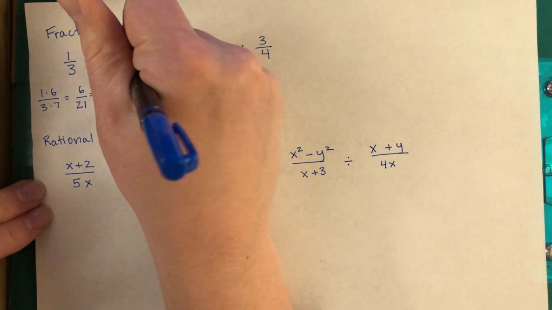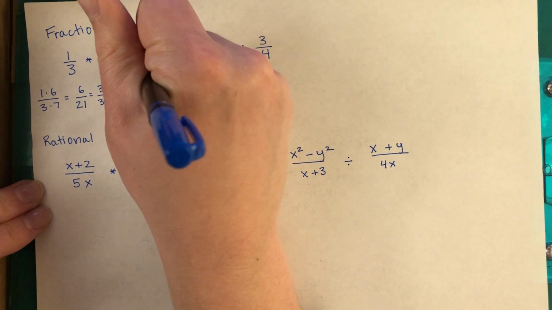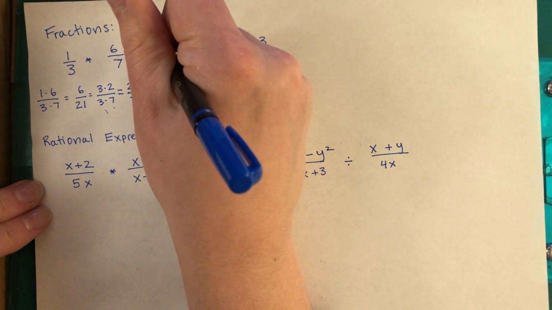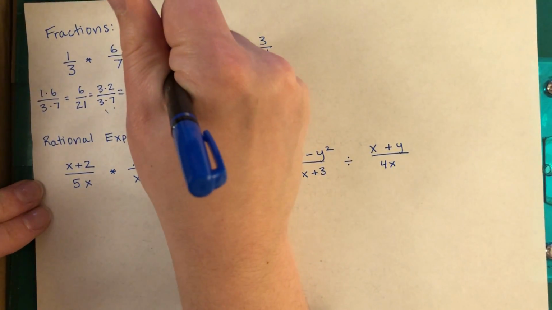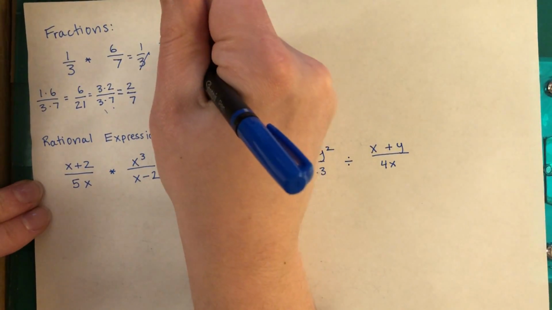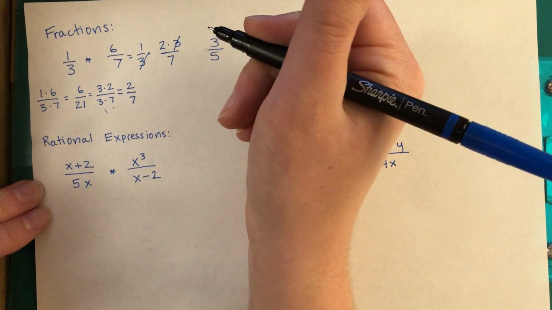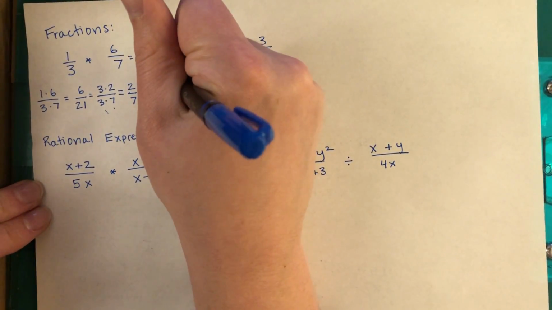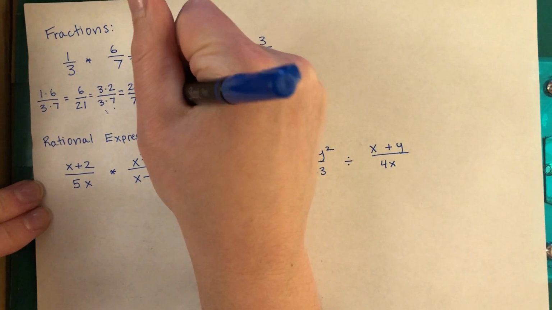So in this case, I'm going to keep the 1/3 written right here. I'm going to write the 6 as 2 times 3 over 7. And then I can see right away that I can cancel the 3's and just get 2/7 again, a little bit easier.